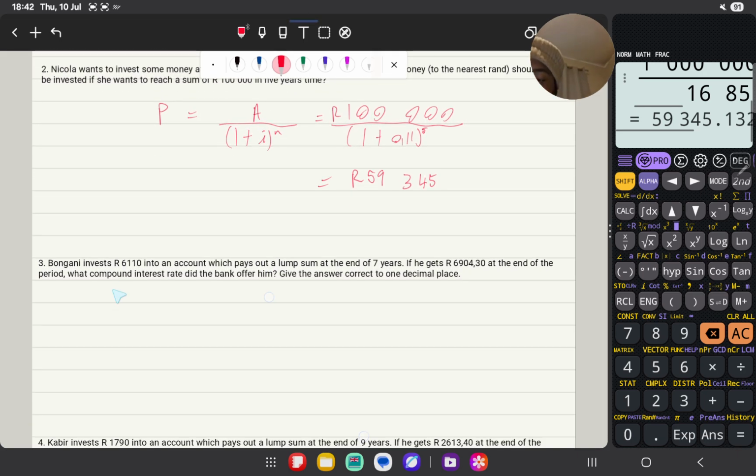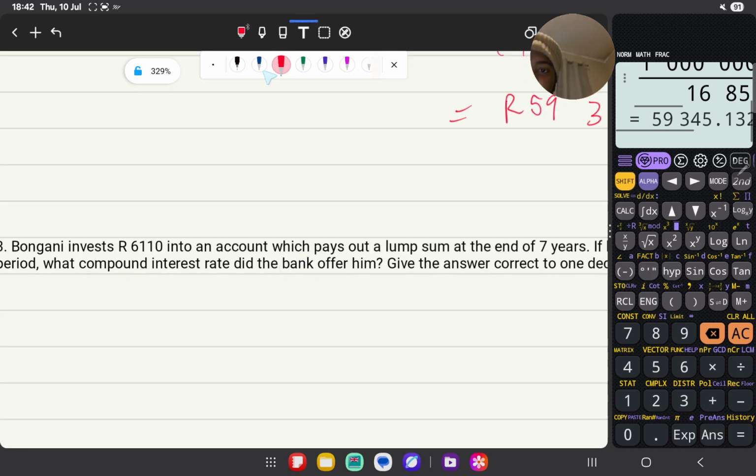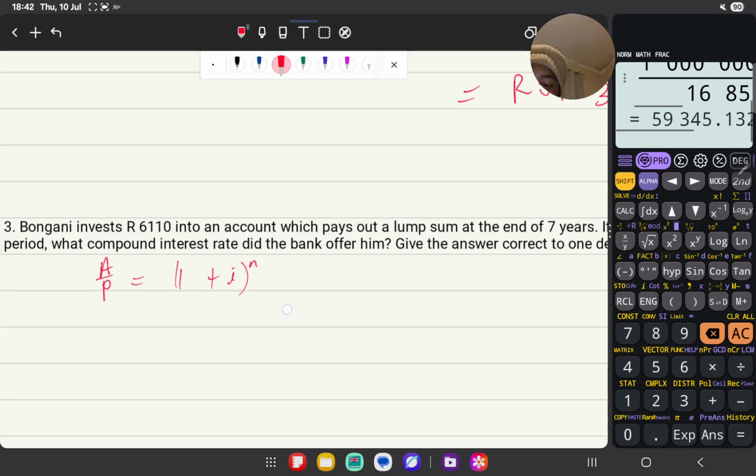As for me, I like doing this. So you're gonna have A over P equals 1 plus I to the power of n. What interest? So we are trying to find this.